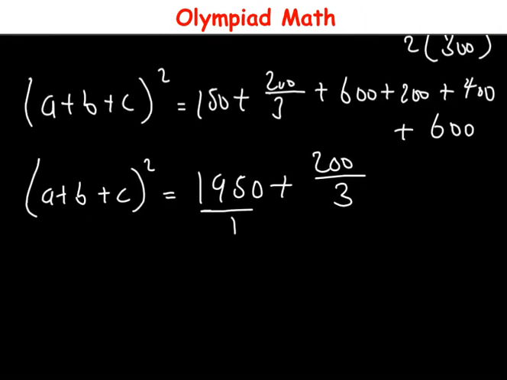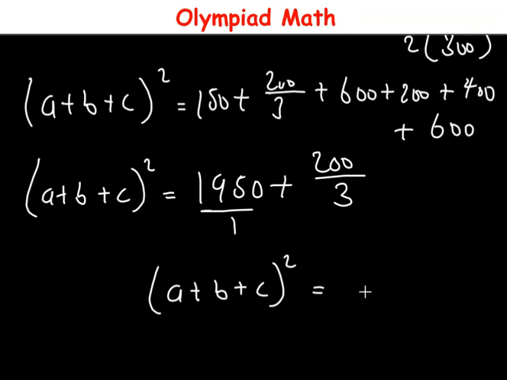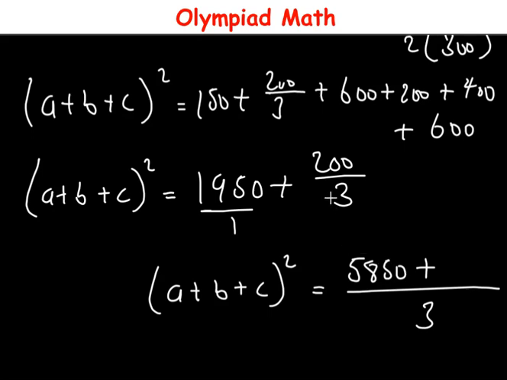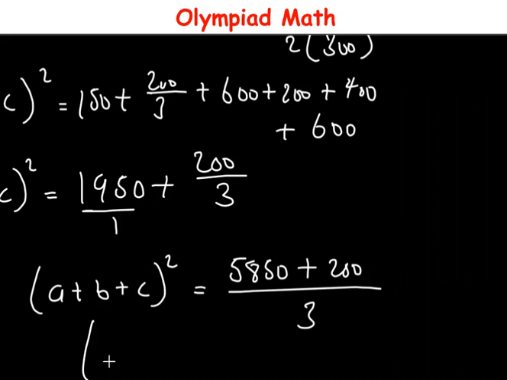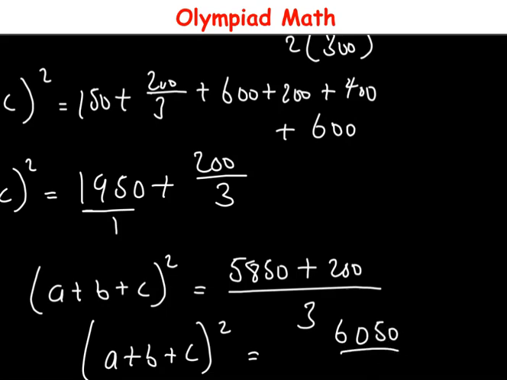So from here, the value of A plus B plus C all squared is equal to, the LCM of 1 and 3 is 3, over 3. So when we divide, 3 times 1950, the value equals 5850 plus 3 divided by 3 is 1, 1 times 200 is 200. From here, we have the value of A plus B plus C all squared to equal 5850 plus 200. The value equals 6050 over 3.